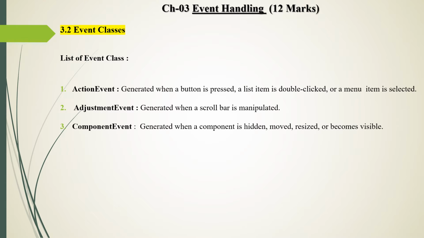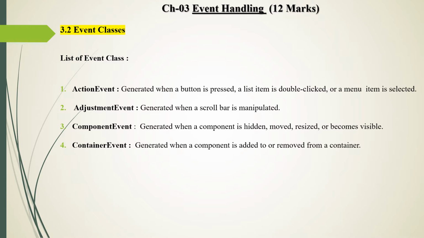Third class is component event. The component event is generated when a component is hidden, moved, resized, or becomes visible. So if any action is performed regarding a component, that time component event is generated.